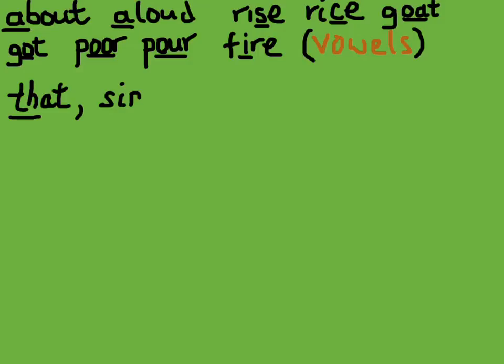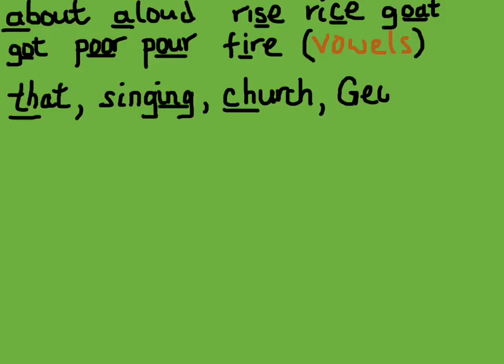As you pronounce the words on the board, take note that some of them make use of vowel sounds, while others make use of consonant sounds in terms of the underlined letters in the words.